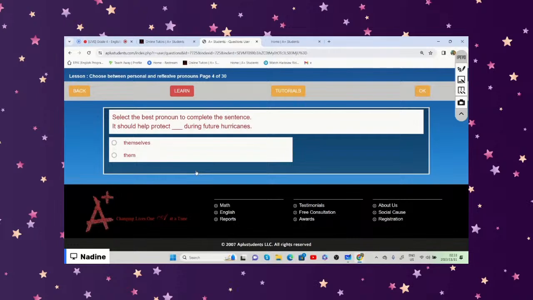It should help protect themselves during future hurricanes, or it should help protect them during future hurricanes.